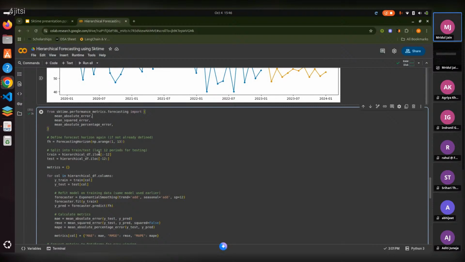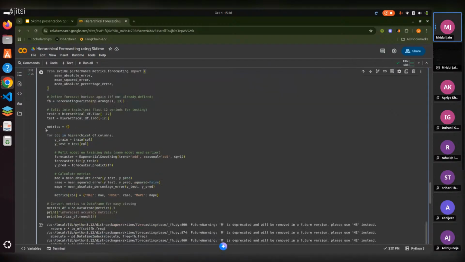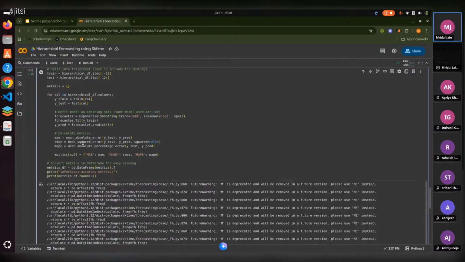So we define the forecasting horizon again. We're splitting the data into testing and training part. We're defining a key metrics dictionary, and then for all the columns, we're simply applying the model, fitting on the data, predicting the values, and then we're simply calculating the metrics.